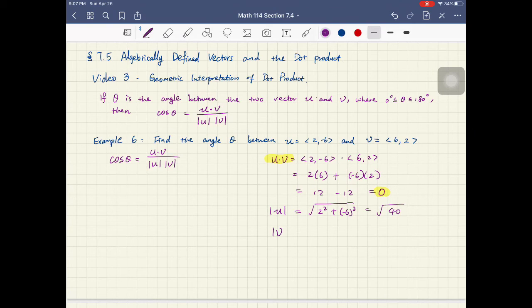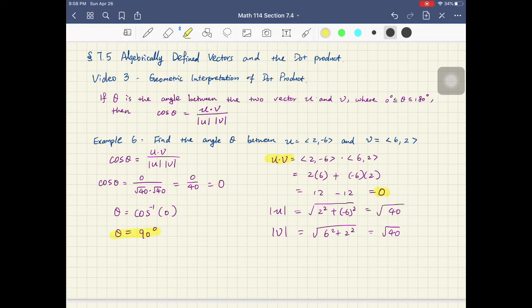And the magnitude of v is going to be 6 squared plus 2 squared, which is also 40. Now we're going to plug everything back into cosine theta. We got 0 over square root of 40 times square root of 40, which is 0 over 40, which is 0. Then theta will be cosine inverse of 0, which is 90 degrees.